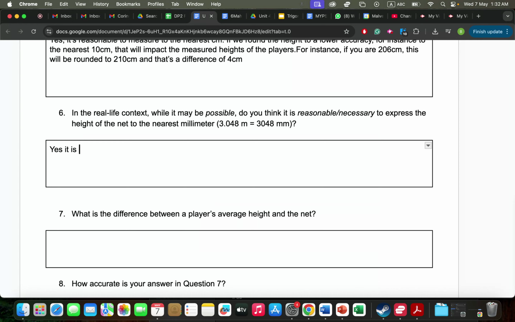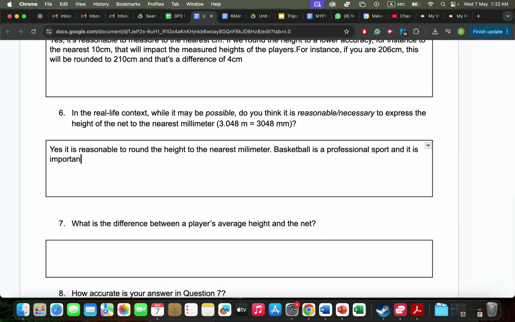Yes, it is reasonable to round the height to the nearest millimeter. I think we just talked about this, that basketball is a professional sport, and it is important to be this accurate to ensure fairness of the game.